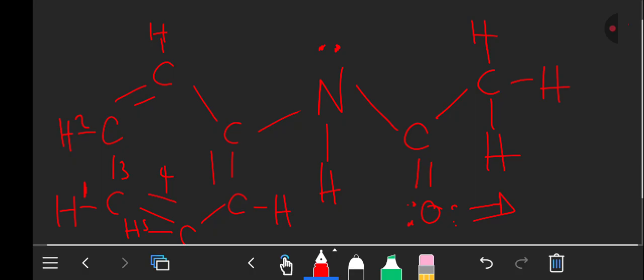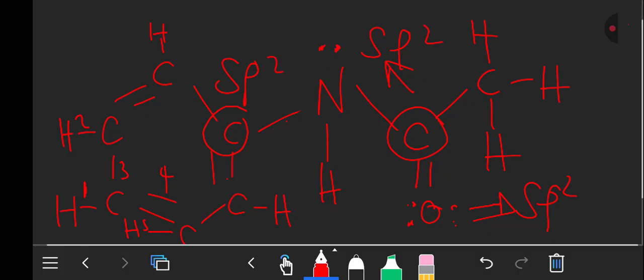So since there are 3 things attached, the hybridization will be sp2. Okay, let's look at this carbon here. What is the hybridization of this carbon? You can see that there are 3 things attached. So the hybridization will be sp2. Let's look at this carbon here. We can see that there are 3 things attached, 1, 2, 3. So the hybridization is sp2.